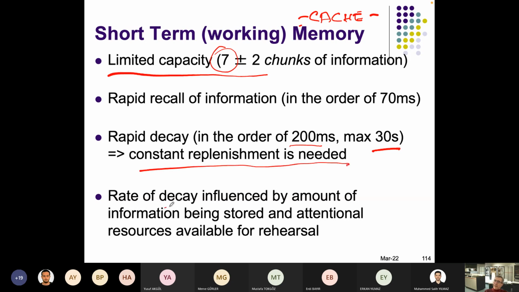And the rate of decay is influenced by the amount of information being stored and the attentional resources available for rehearsal, such as if you are in a battle, for example, if you are being invaded by another country, your short-term memory capacity will be lower because you have additional attention demand.